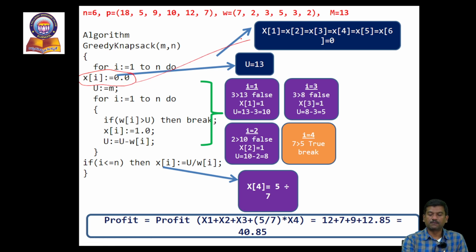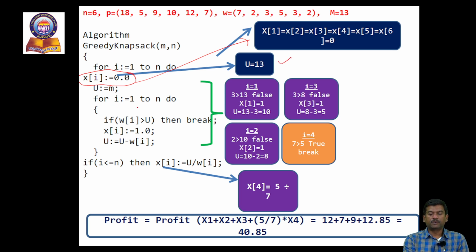That is x of 1 equal to x of 2 equal to, for however many items are present, you are storing the value 0. And then u equal to m. u is a variable used to find the remaining balance. Initially we assign it the knapsack capacity, that is, here the capacity is 13, so u equal to 13.